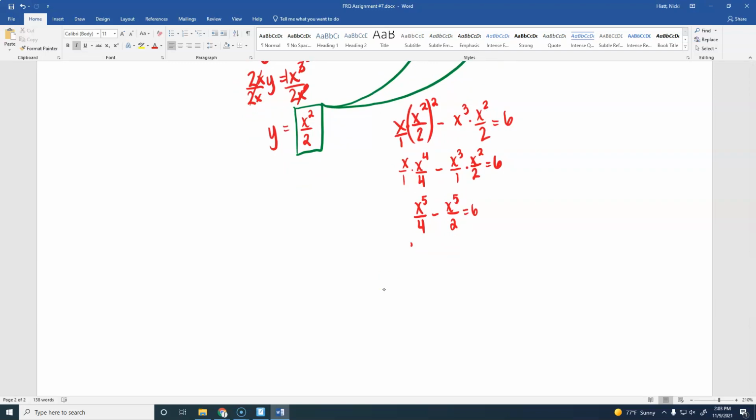Okay, so think of this as 1/4 x to the 5th minus 1/2 x to the 5th. You can do it that way too.